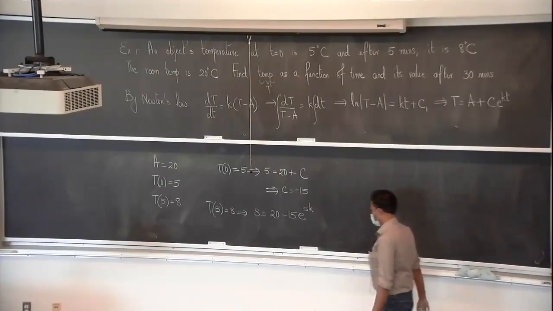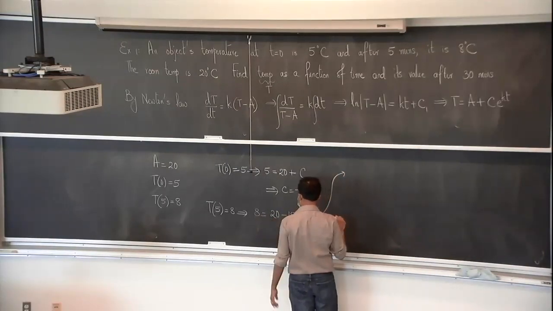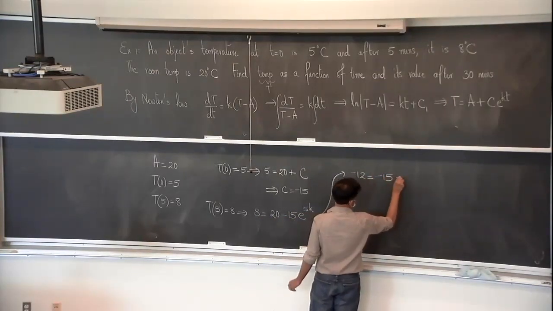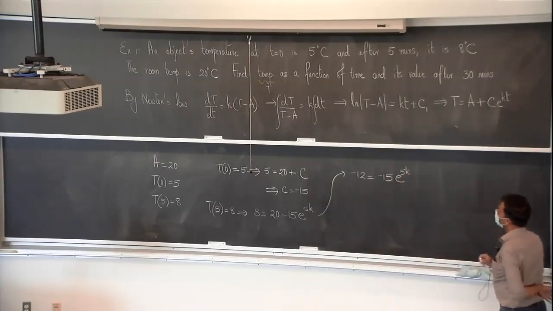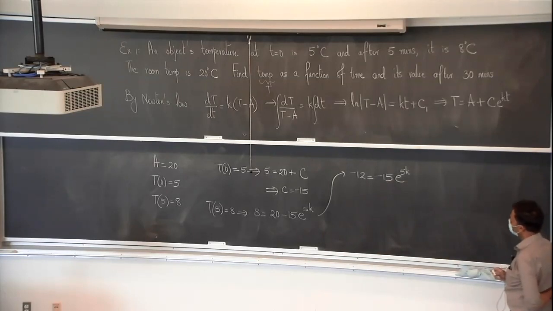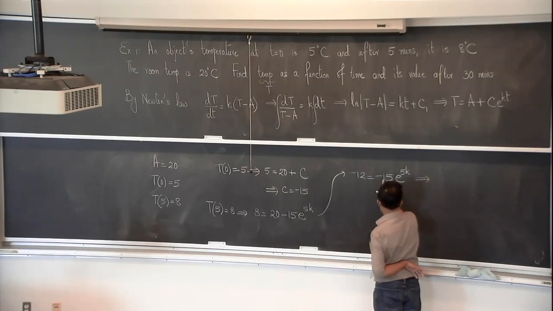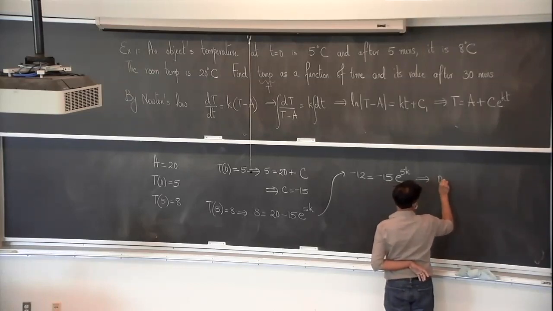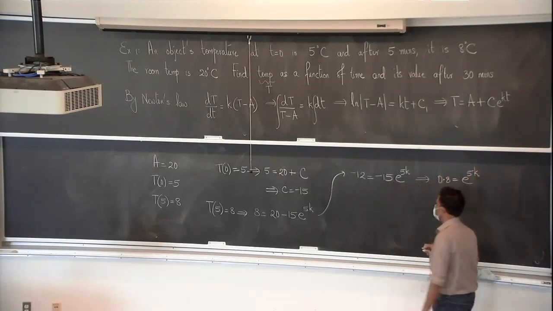I hope all of you know how to solve these kinds of pre-calculus equations. So subtract 20 on both sides, you have negative 12 equal to negative 15 times e to the power of 5k. And divide both sides by negative 15, you get 12 over 15, which is 4/5, 0.8, equal to e to the power of 5k.